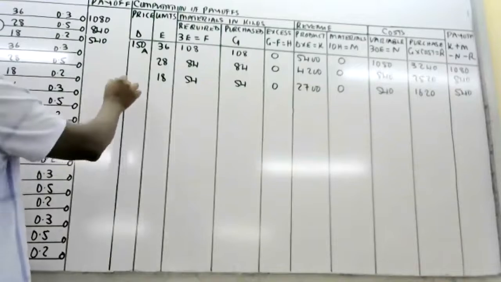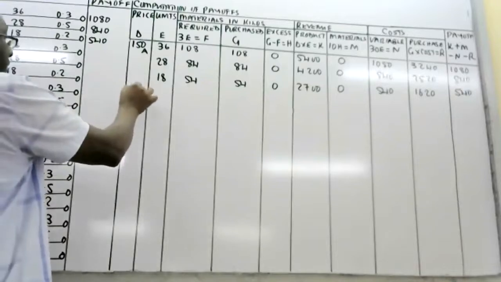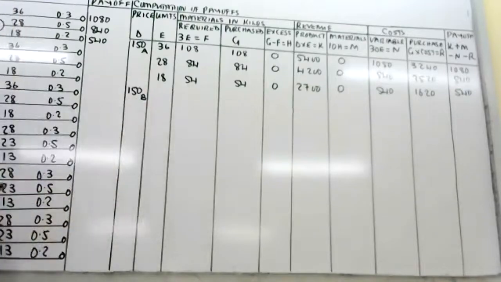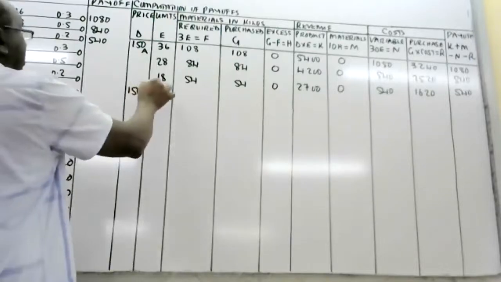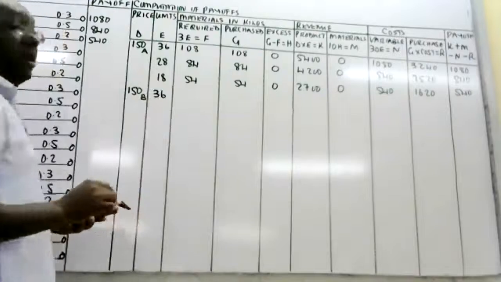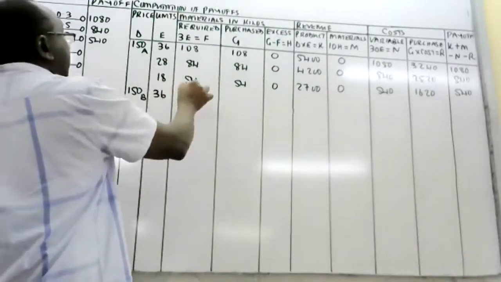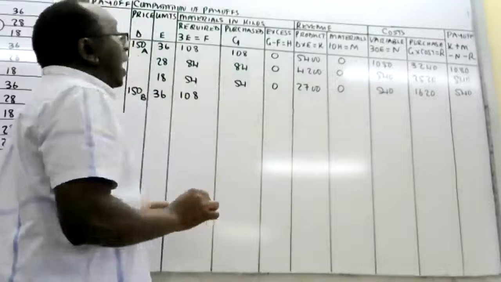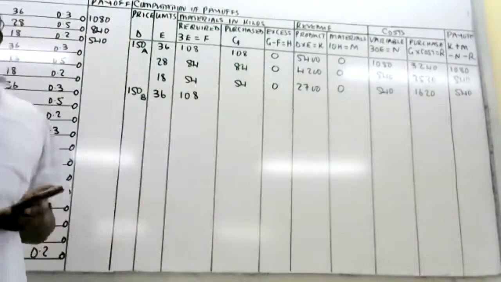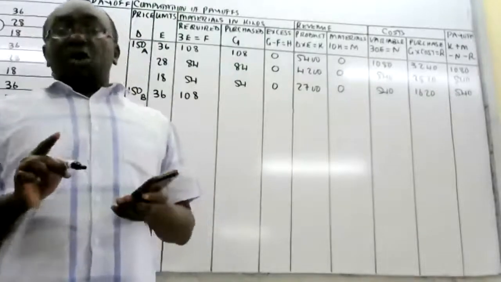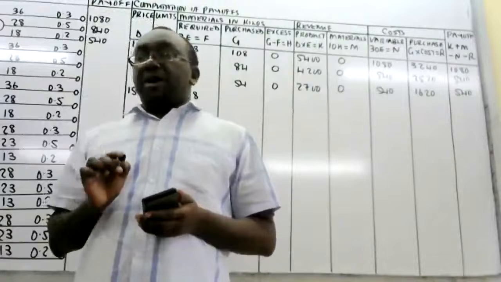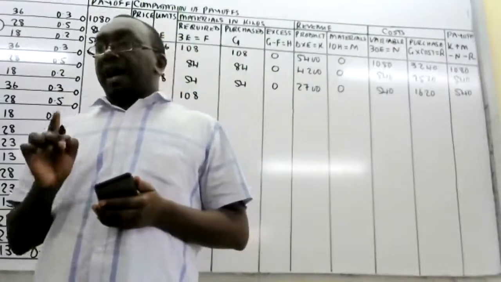Now we go to the price of 150, but now when we are in option B. So the demand is still 36 here. And going by our multiplication, this is 108. In option B, if you look at the words of the question, option B says you buy a minimum of what? 50,000.